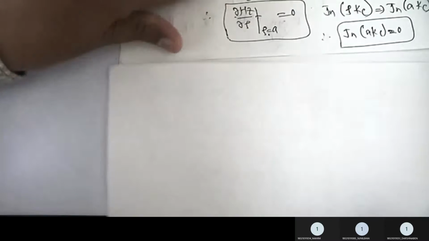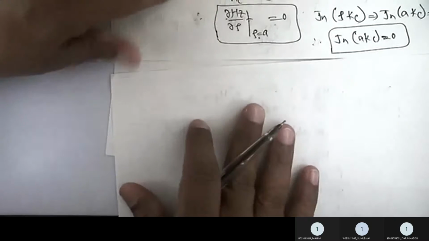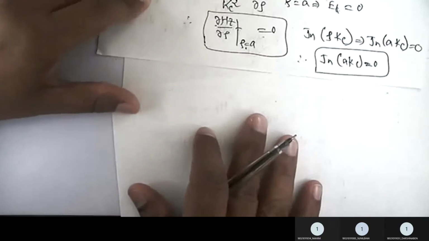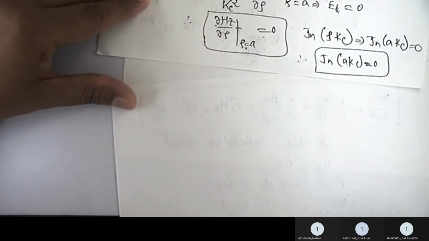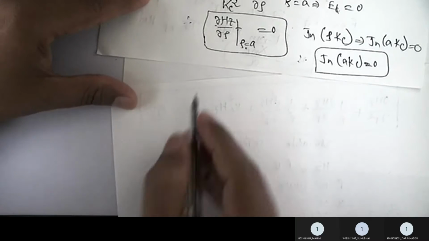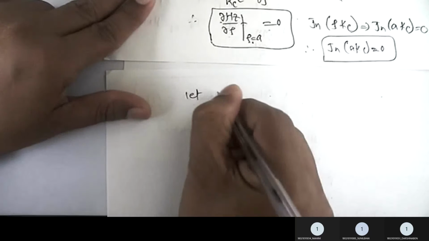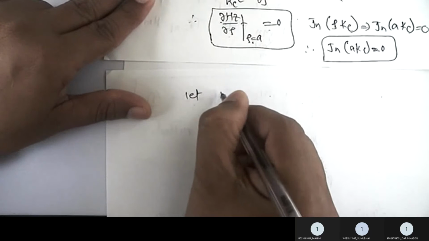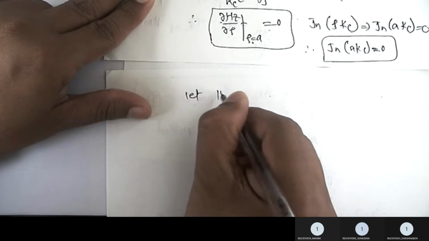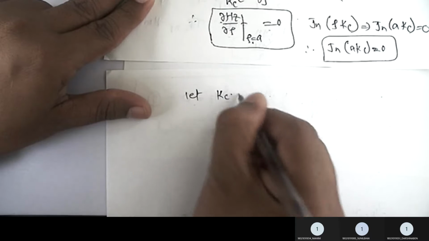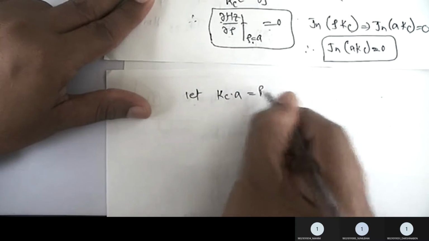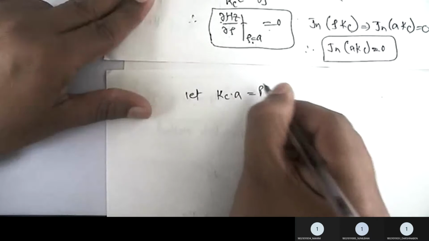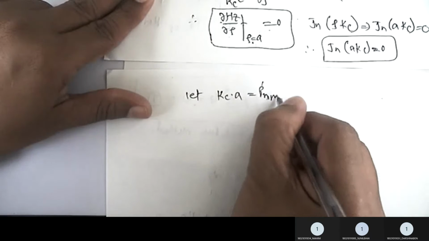So here I am introducing, in this fashion, that kc into a is nothing but some p'_nm, for example.